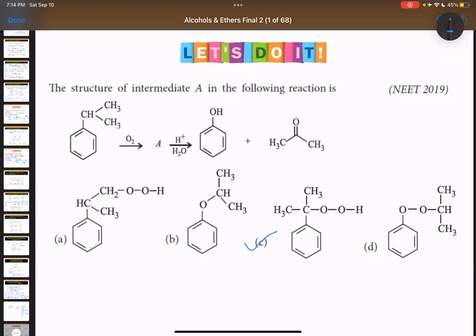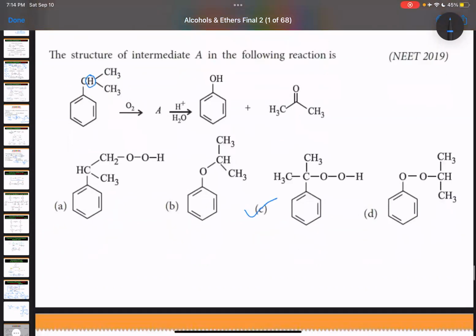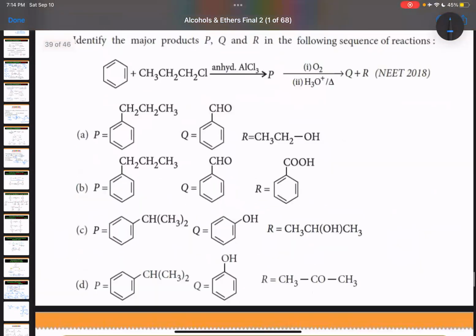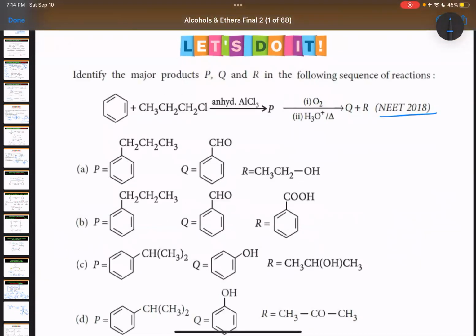Just you need to know this hydrogen is the most reactive because this is benzylic hydrogen. And this is again from NEET 2018. So it is a very important reaction. Okay, so continuously it has been asked.